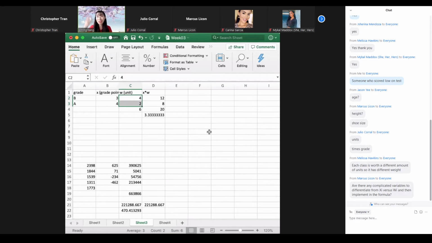Weighted mean salary, that means the salary will be the X. So it depends on the context. Usually when you say, I want to calculate the weighted mean of something, that something is the X. And then the indicator of how important each element is will be your weight. So does that make sense?